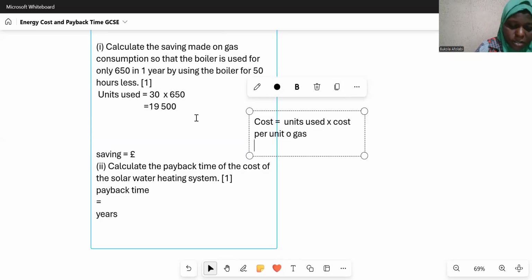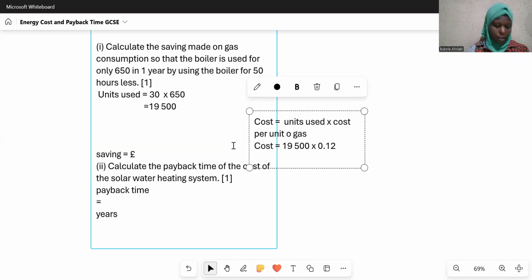So the cost of using 19,500 units of gas is multiplied by 0.12 pounds. So now let's do the calculation. Can you calculate it?